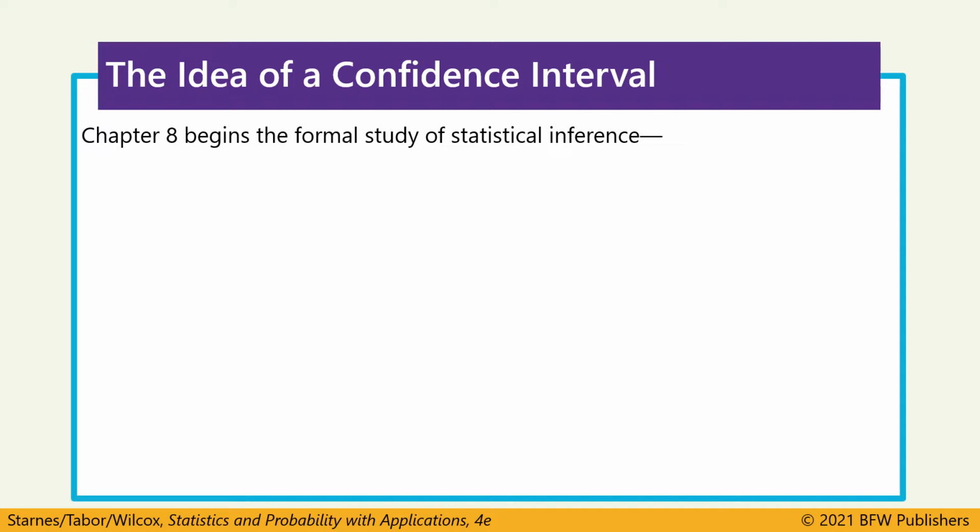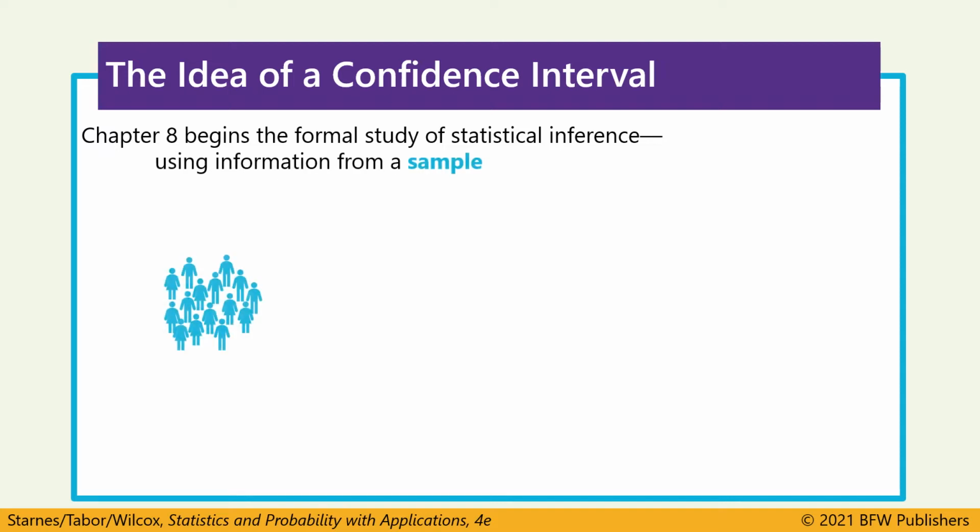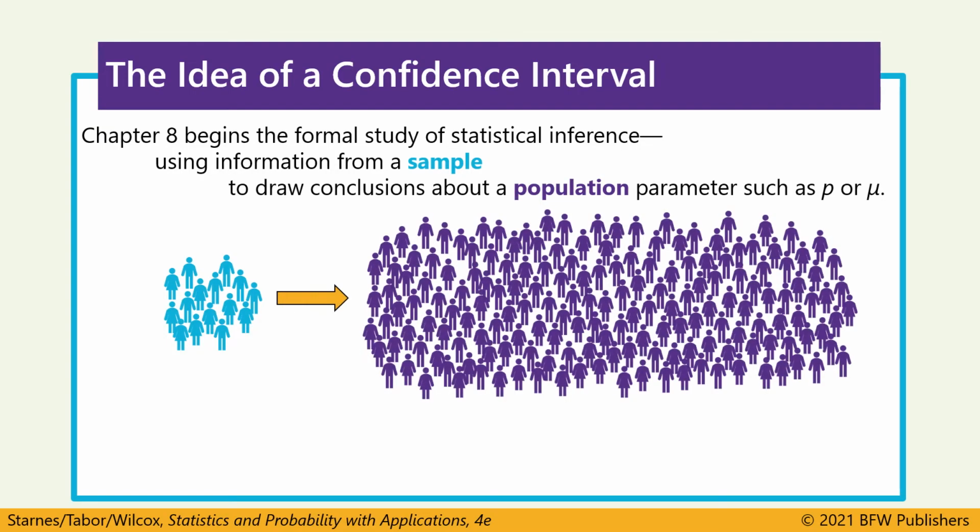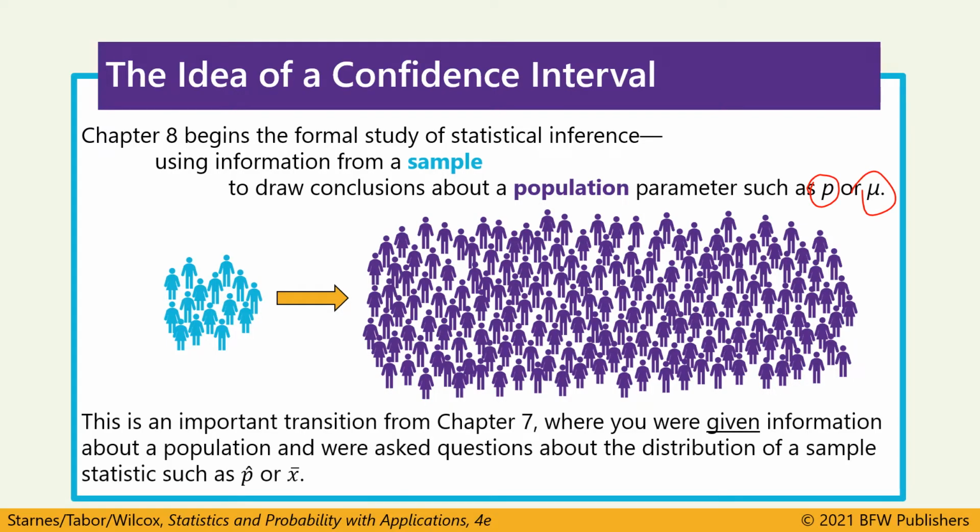Now, this is an inferential statistics course, and really everything we've learned up to this point has been building towards inference procedures, using information from a sample to draw conclusions about an entire population, such as a proportion or a mean, which we saw in our sampling distributions from the last chapter.